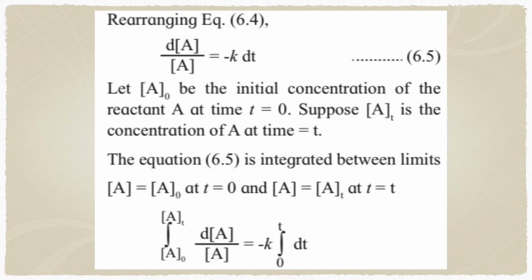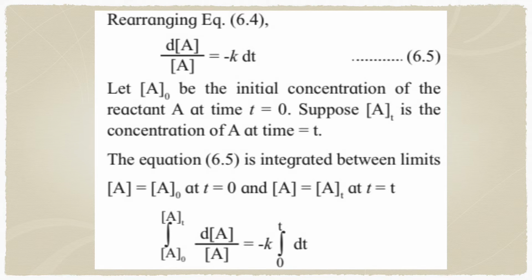Now equation 6.5 is integrated between its limits, the higher and the lower limit. Obviously the higher will be the final concentration and the lower will be the initial concentration. For the initial concentration, t is equal to 0, and for the final concentration A t, the time will be t is equal to t.